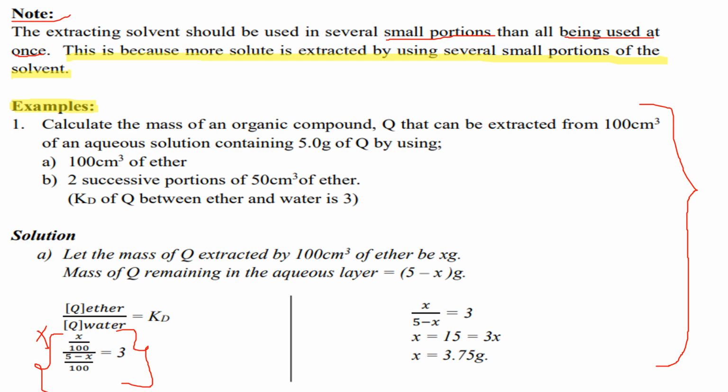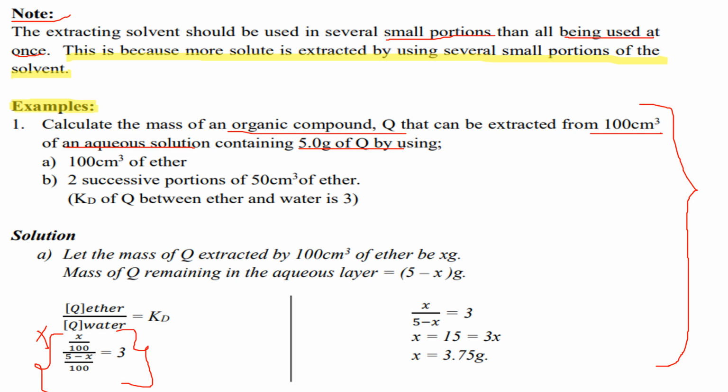So problem 1: calculate the mass of an organic compound chew that can be extracted from 100 centimeters cubed of an aqueous solution containing 5 grams of chew. So this aqueous solution is initially containing 5 grams of chew, and we are going to use solvent extraction to remove it. Remember, it's the partial removal. Solvent extraction can't remove all those 5 grams.